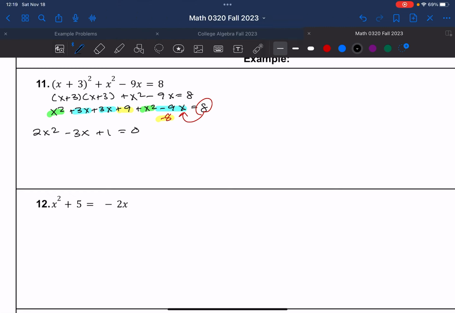From here, I want you to go ahead and use the quadratic formula. And if you did it correctly, you should get x is equal to 1/2 and x is equal to 1. So I got it all into standard form for you. Use the quadratic equation to solve.